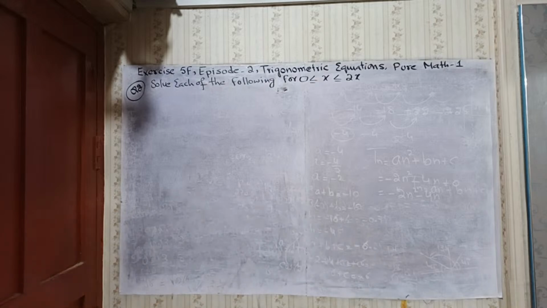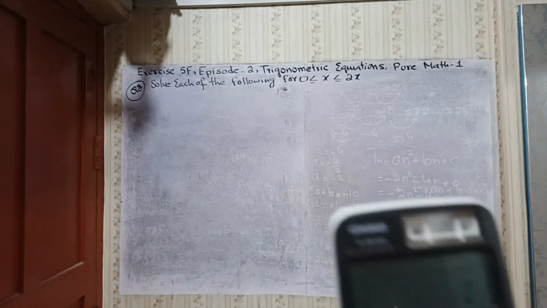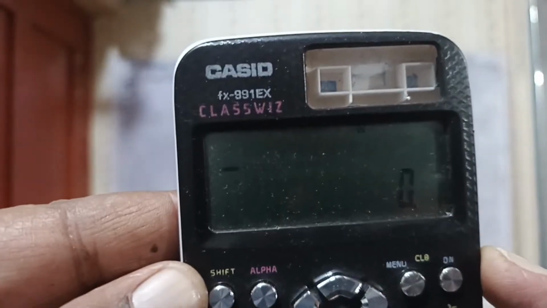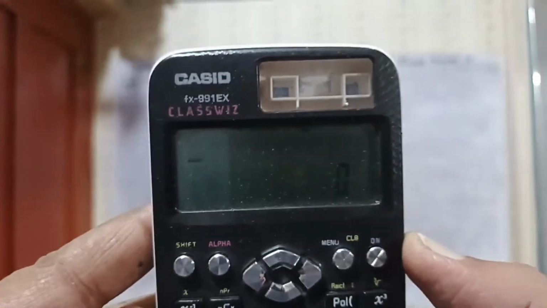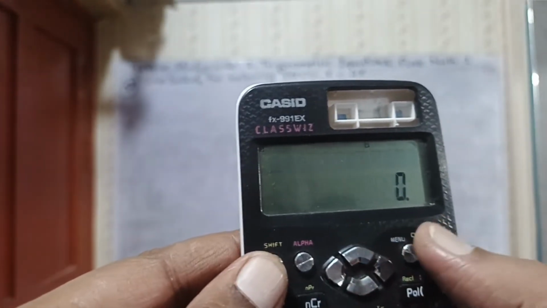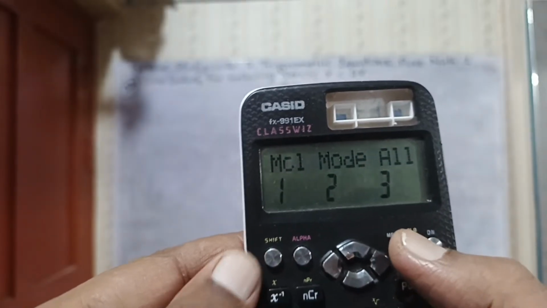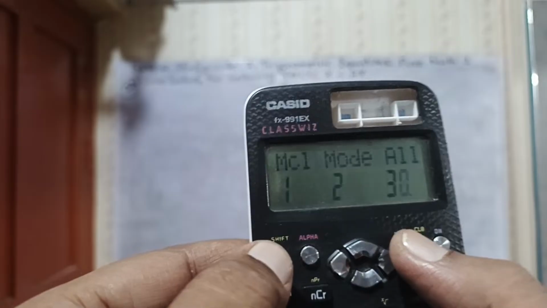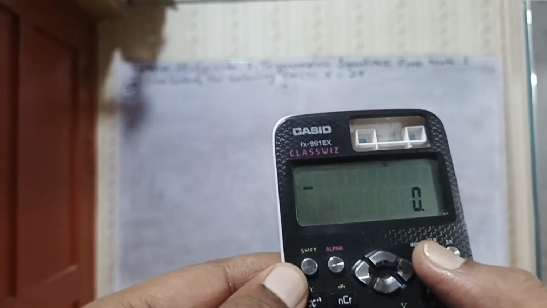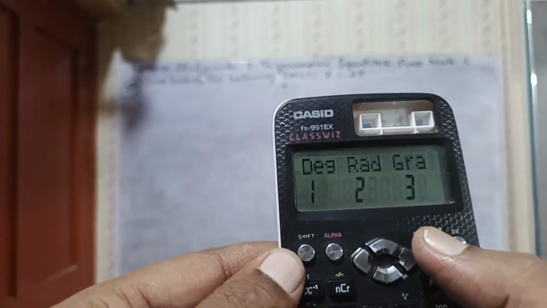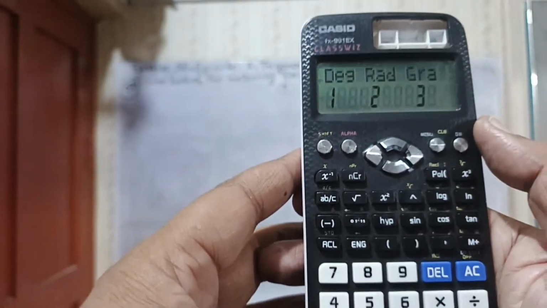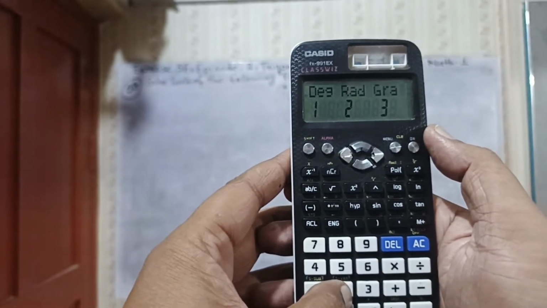So what we will do, we will take our calculator. For example, this is my calculator, and it is already set in degrees. So I will change it. I press the mode button. On number one we have degrees, on number two we have radians, so I will press the number 2.